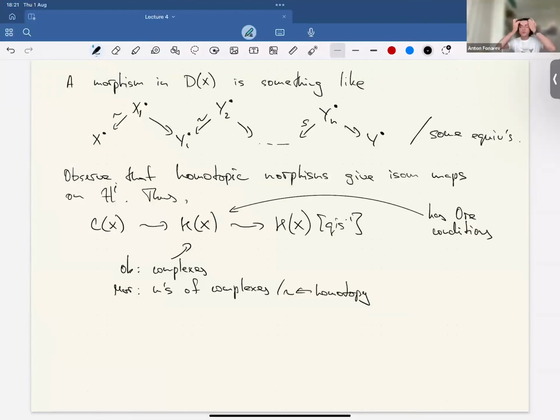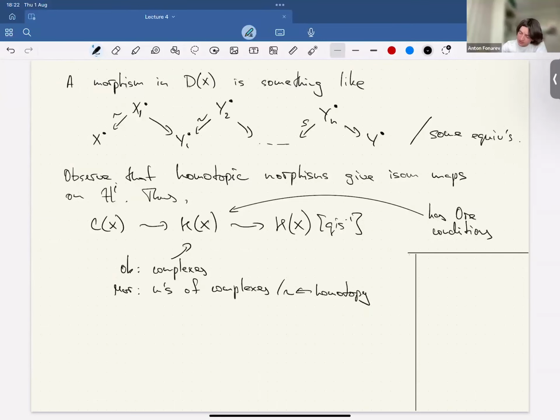I do not have time to explain everything about the Ore conditions, but basically, this comes from non-commutative algebra. If you want to localize a non-commutative ring in a multiplicative system, one of the ways to do it easily is to require some conditions. Let me write down one condition.